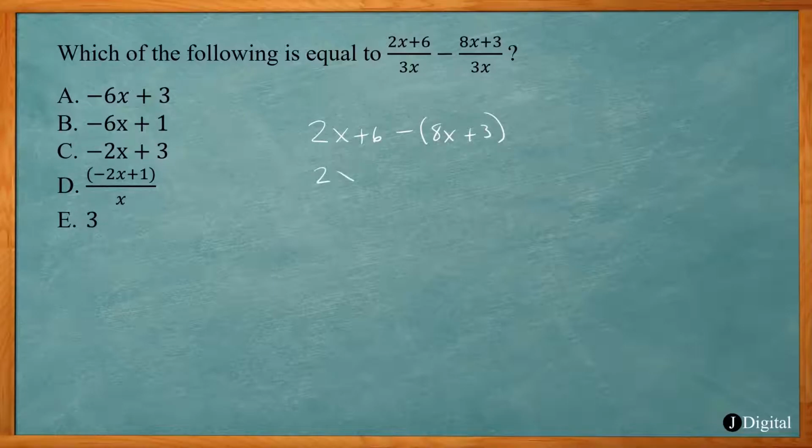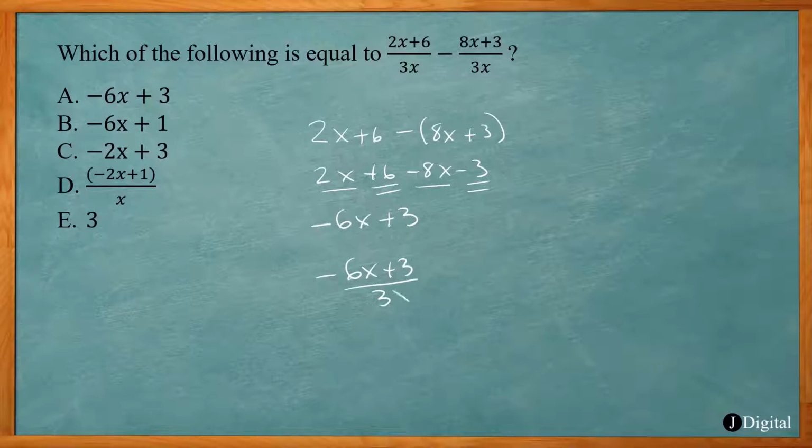That's going to give you 2x plus 6 minus 8x minus 3. Combine like terms. 2 minus 8 is negative 6, so negative 6x. And 6 minus 3 is plus 3. So that gives us negative 6x plus 3 over 3x.